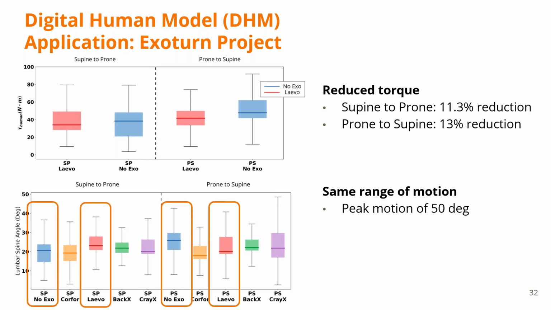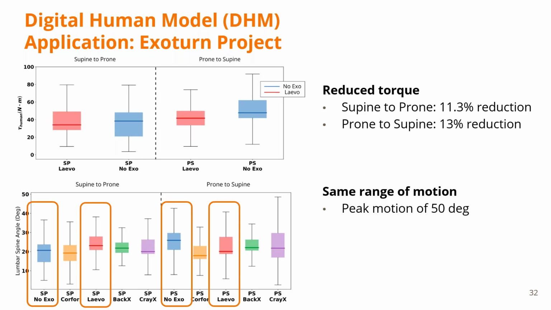This plot is not meant to check for the difference in the medians, but just to verify that there was no difference in the range of motion for the different exoskeletons. Therefore, the quantitative analysis suggests that the exoskeletons alleviated the efforts while not interfering in the task execution.